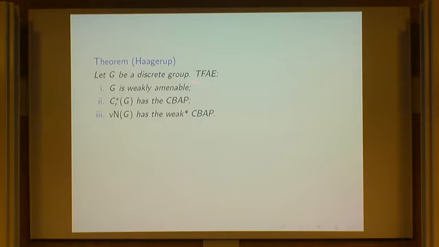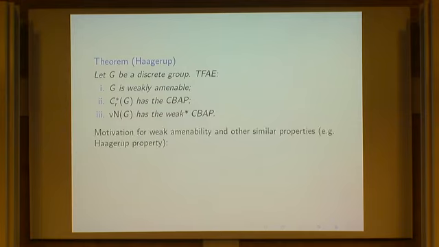And we know via the work of Haagerup that a group is weakly amenable precisely when the corresponding group C*-algebra has the completely bounded approximation property, and precisely when the von Neumann algebra of G has the weak star version of the completely bounded approximation property. So weak amenability is related, for example, to other approximation properties. It is a weak and often relaxed version of nuclearity, for example.